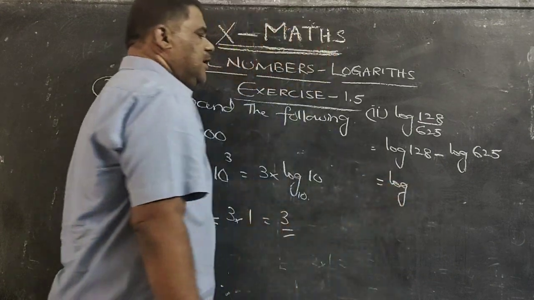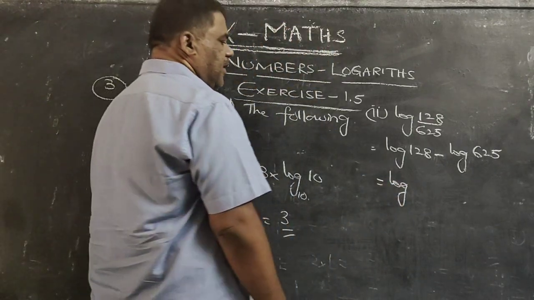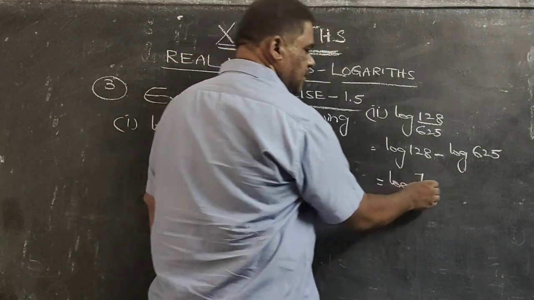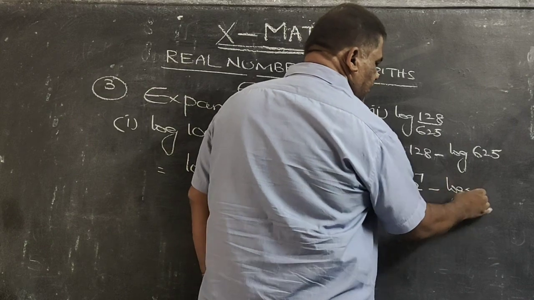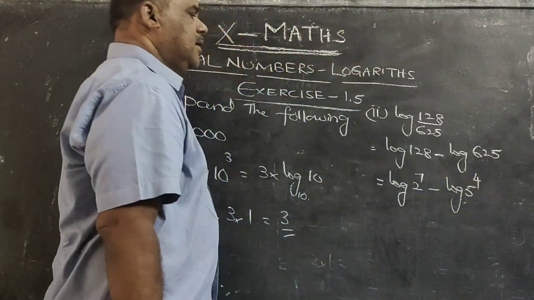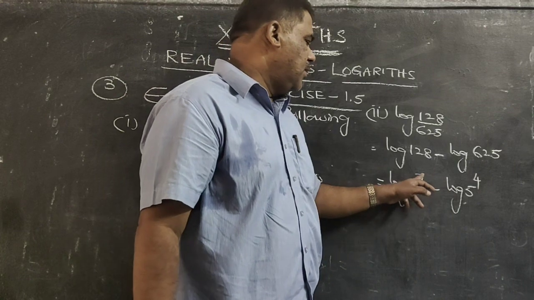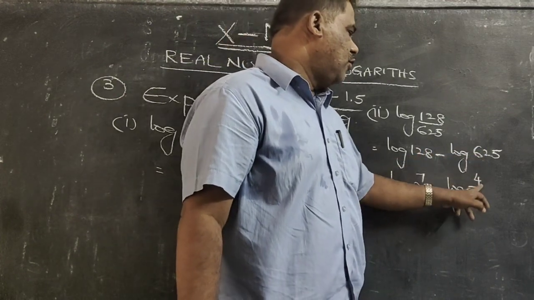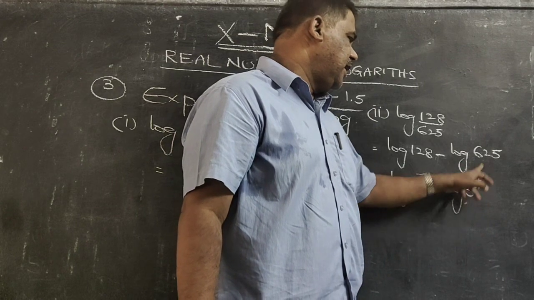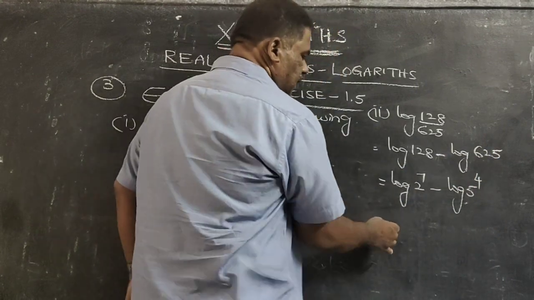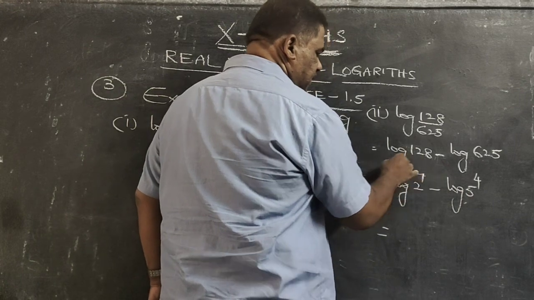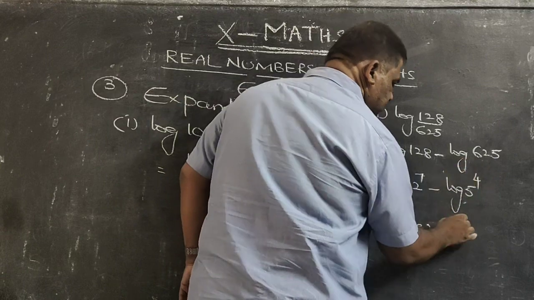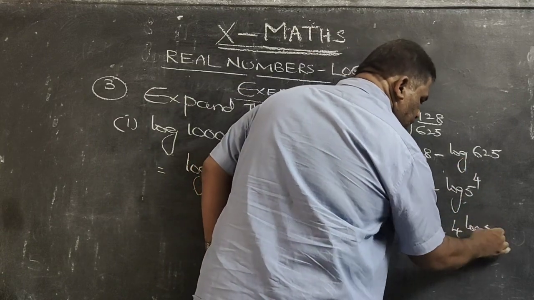Log 128, 2 to the power 5 is 32, 2 to the power 6, 2 to the power 7 it is. 625, 5 to the power 4. This is 2 into 2, if you multiply 7 times it is 128. 5, if you multiply 4 times, 5 into 5 into 5 into 5, it is 625. Now in logarithms if a number has power it comes as a coefficient. 7 log 2, this 4 comes here, it is 4 log 5.